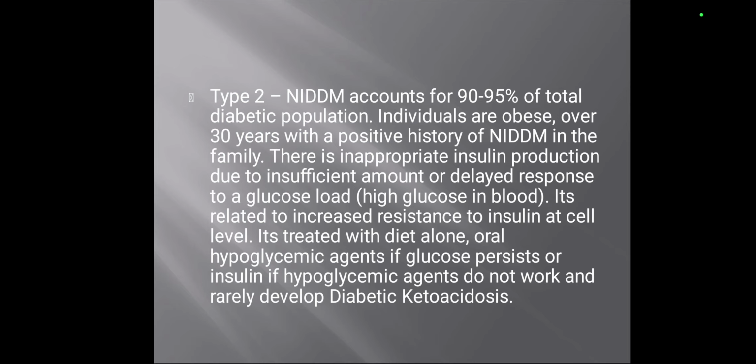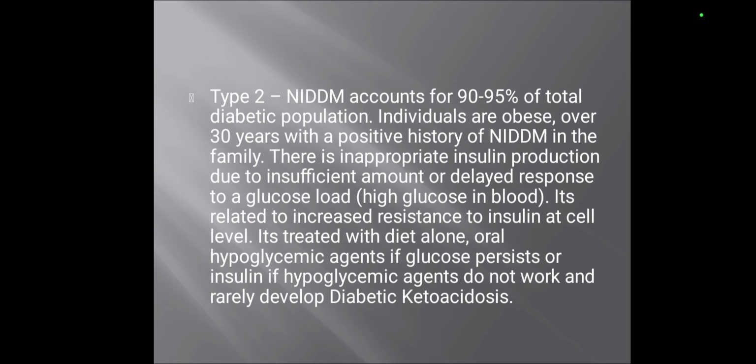When there's insulin resistance, the body will think that there's little insulin. So it will cause more insulin to be produced because there's too much glucose, but there's resistance at a cell level.